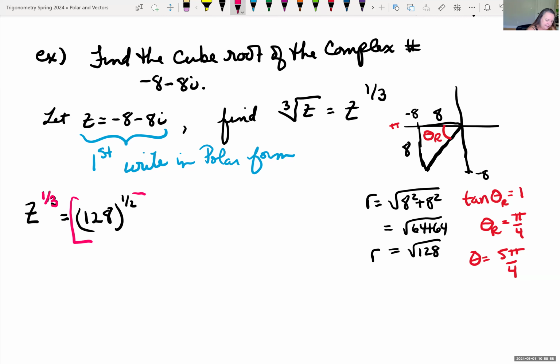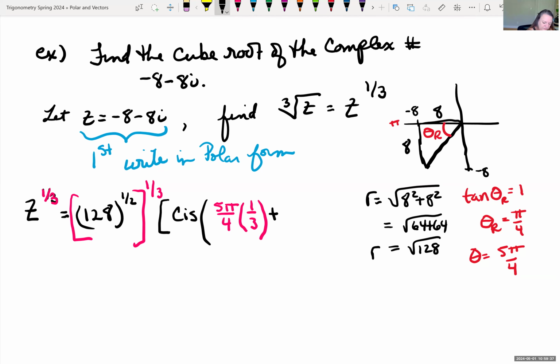We're going to raise that to the 1/3 power, cosine, or cis, of our angle, 5 pi fourths multiplied by n, which is the same thing as multiplying by 1/3, plus 2 pi k over 3.